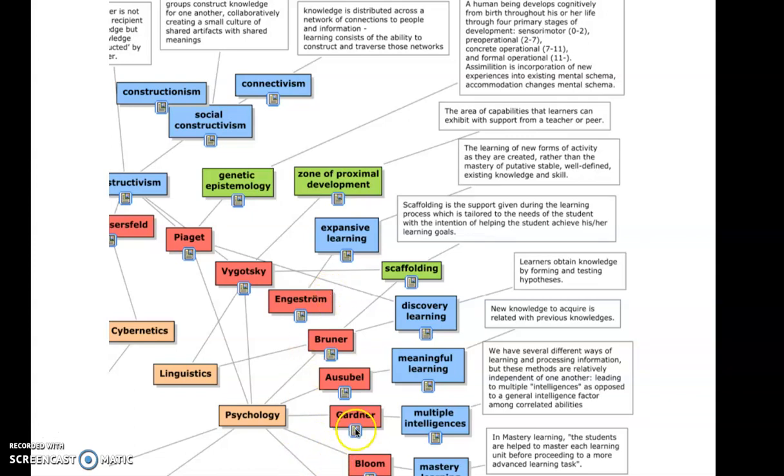Connected to this as well is the work of Howard Gardner. Now, Gardner emerges from the Graduate School of Education at Harvard, and he is integral to the multiple intelligences framework and teaching for understanding.